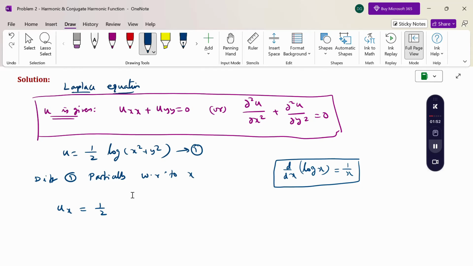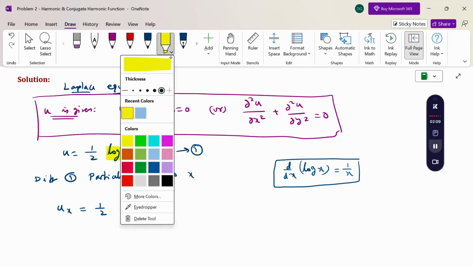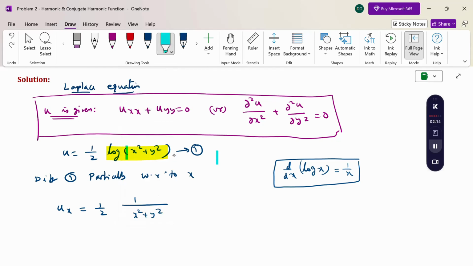Therefore, the differentiation of log of x square plus y square is 1 by x square plus y square. Now we have done the differentiation of the log part, and then again differentiate the variable part. Which variable? This part, x square plus y square, differentiation is 2x plus 0.